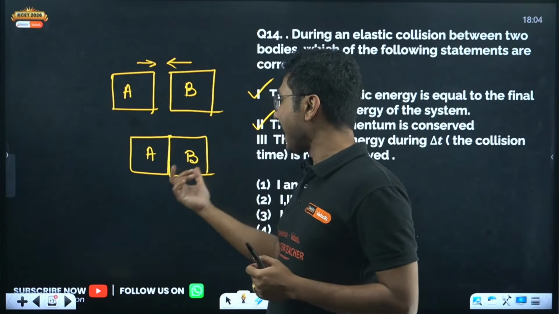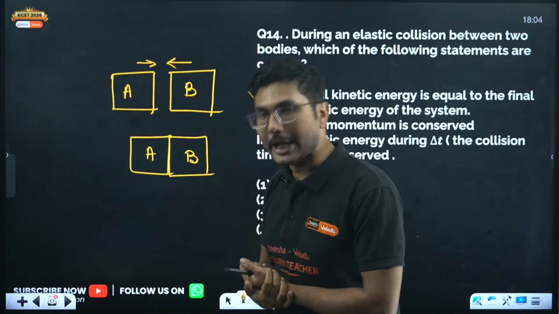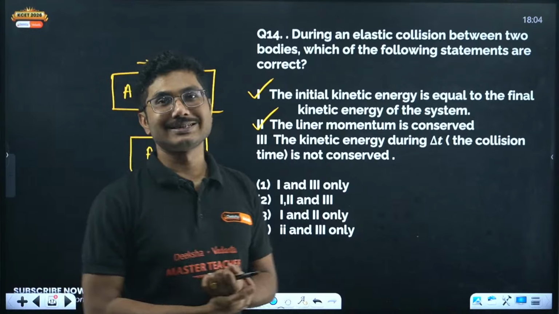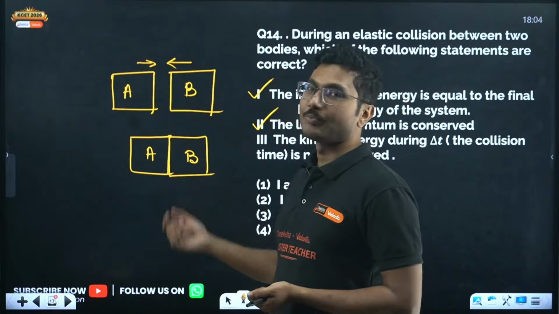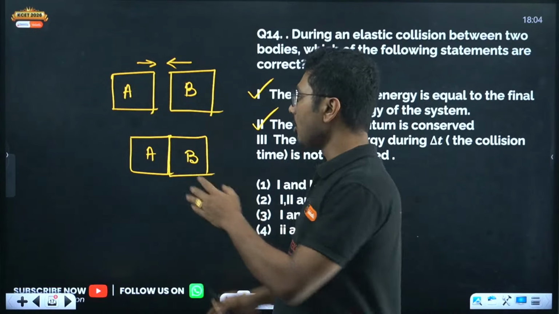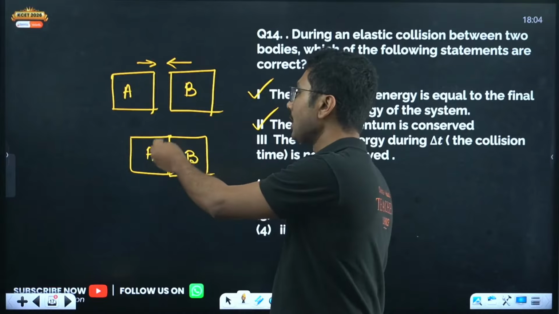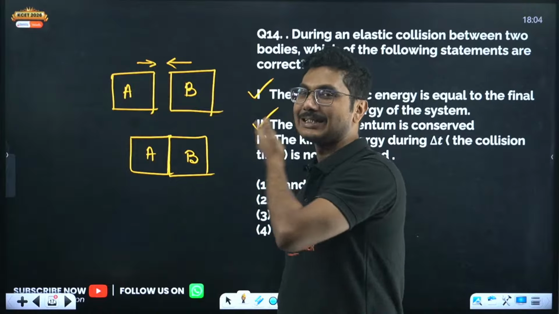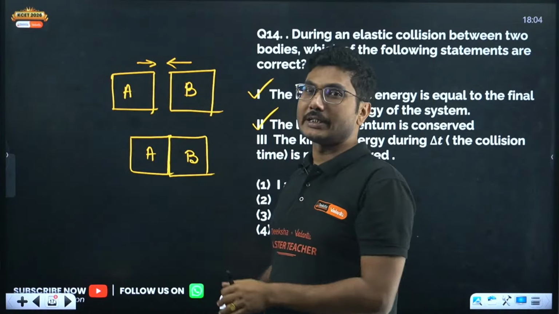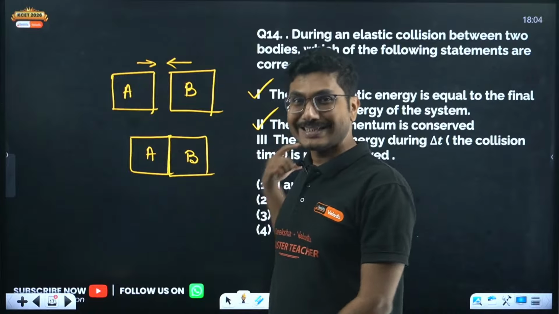The total energy at this moment is constant, but the kinetic energy alone is not constant during this time. Kinetic energy is not constant because during the collision time, part of the kinetic energy gets converted into potential energy, and then that potential energy gets converted into kinetic energy of the second object.